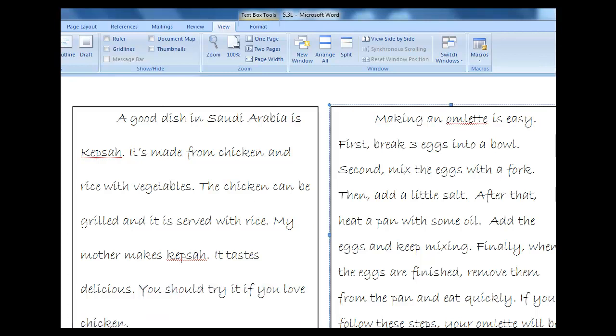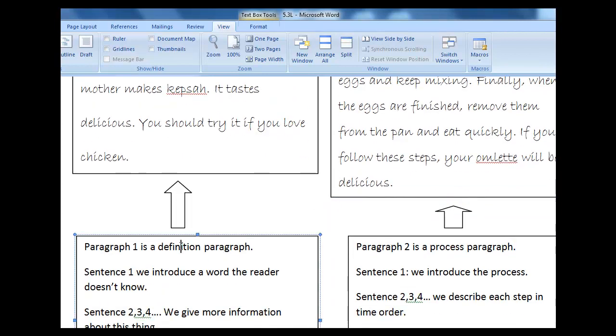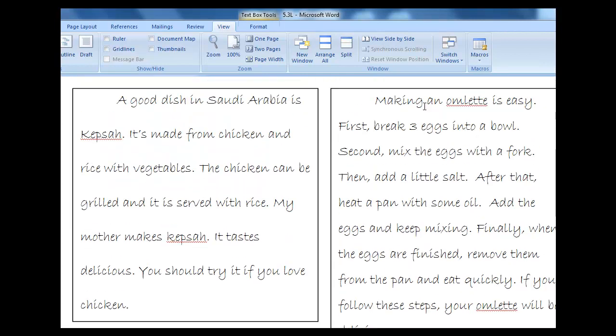Over here we have a different paragraph. This is a definition paragraph. A definition paragraph talks about the meaning. This is a process paragraph. A process paragraph tells you how to do something. So, how to make an omelette. First, second, then, after that, finally.